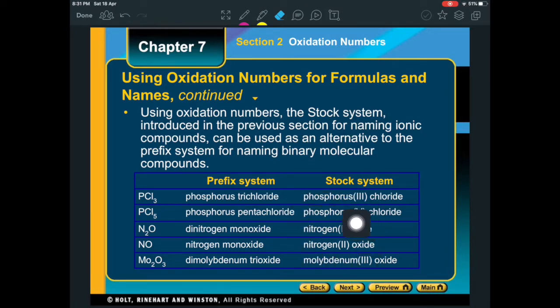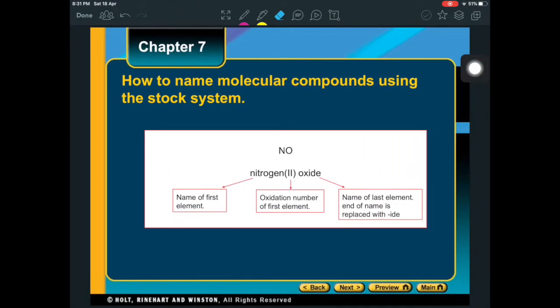Same thing in this situation, except here this number is assigning an oxidation number so that a person who looks at this can know that phosphorus has an oxidation number of 3 in this compound and 5 in this compound, and nitrogen has an oxidation number of 1 in this compound and 2 in this compound. So now let's go ahead and try some examples of this.